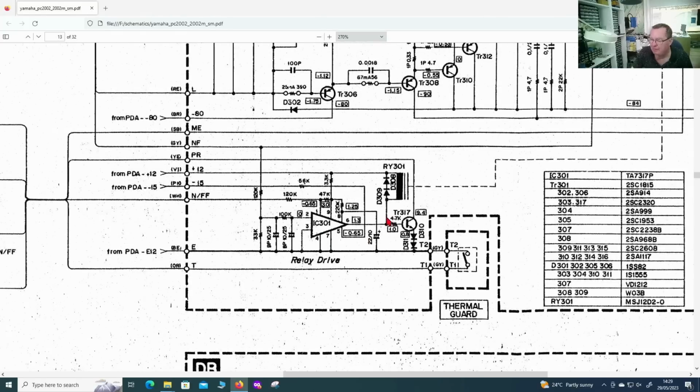We also have this transistor. Now, when there is 12 volts on here, so the relay is switched off, we are in protection mode. That 12 volts also puts a voltage on the base of this transistor via this resistor. And if you look at the emitter of this transistor, it's not connected directly to ground. It's connected via 2 diodes.